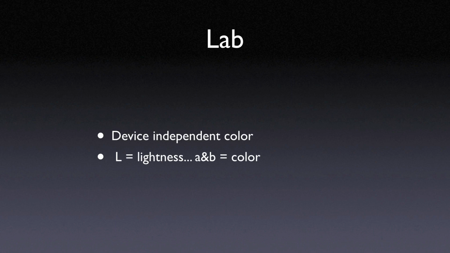LAB can encode every color that is visible to humans and theoretical colors beyond human vision. This is necessary to allow LAB to connect between all other available color spaces in a mathematically efficient way.